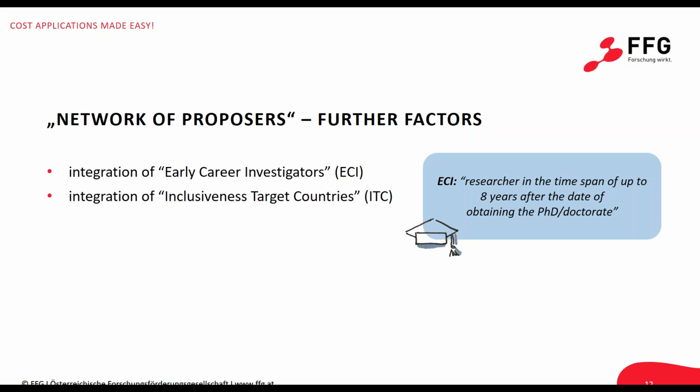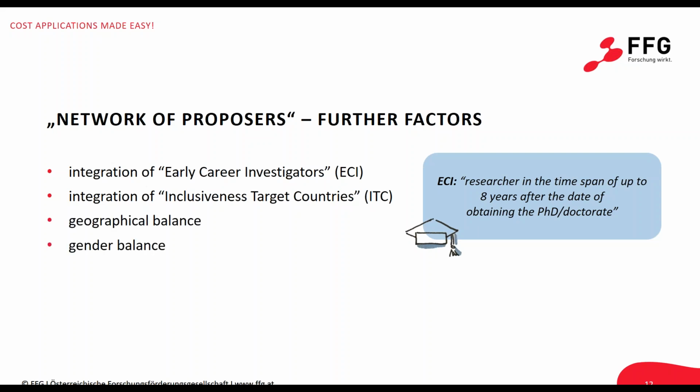build their European networks. The second part is the integration of partners from so-called inclusiveness target countries, and this is quite a big topic, so I have a few slides particularly referring to this, so I will come back to the inclusiveness target countries in a second.